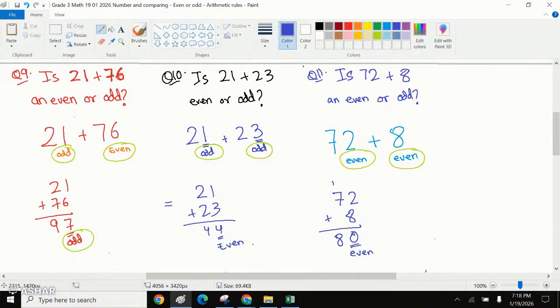So what we need to remember is, whenever both the types of the numbers are the same, the result will be even. Even plus even is even. Odd plus odd is even. But when they are different, odd and even, then it will be odd.